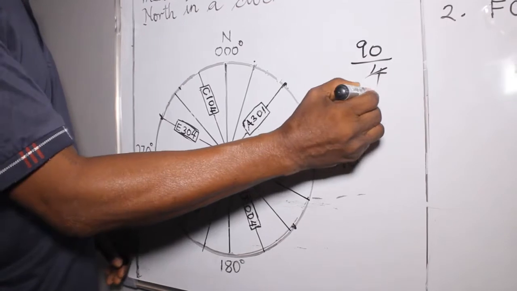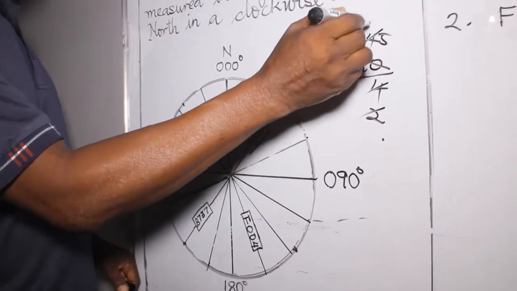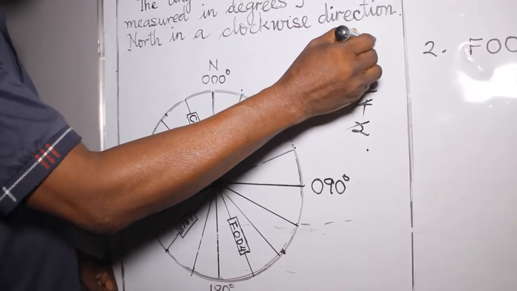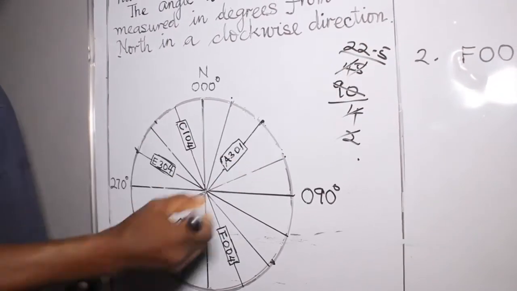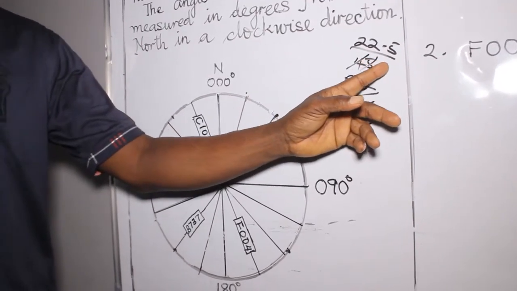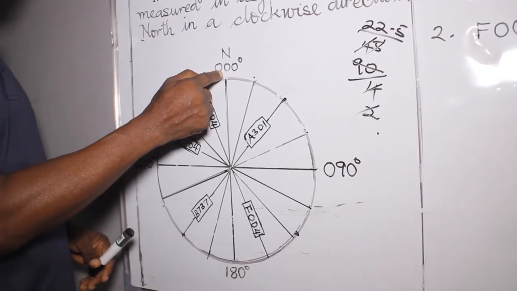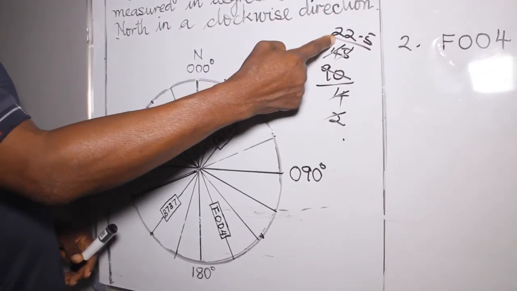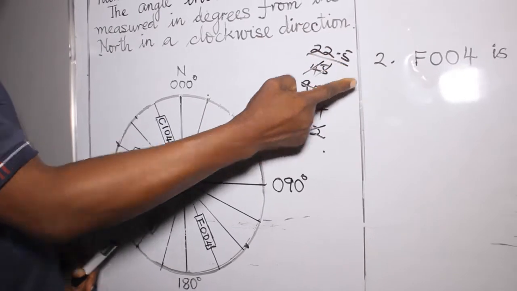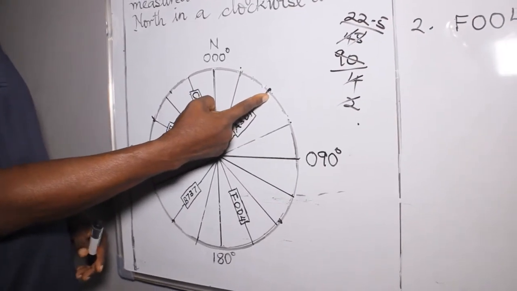That gives us 22.5 degrees, which means from the reference point north to this point is 22.5 degrees. Plus another 22.5 gives us 45.